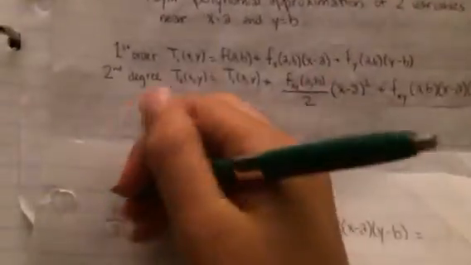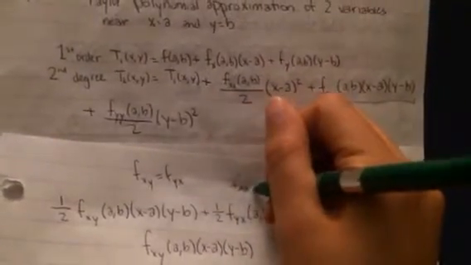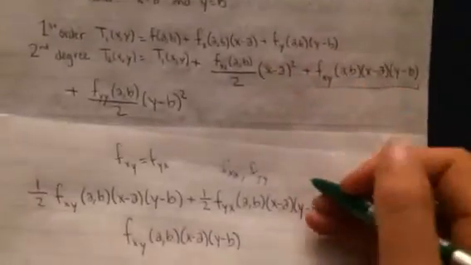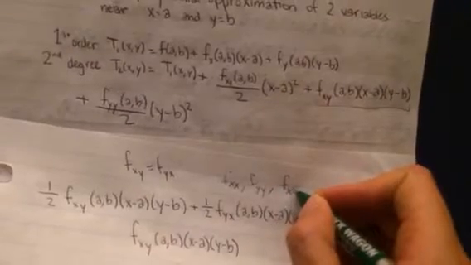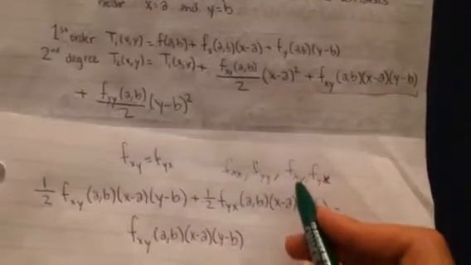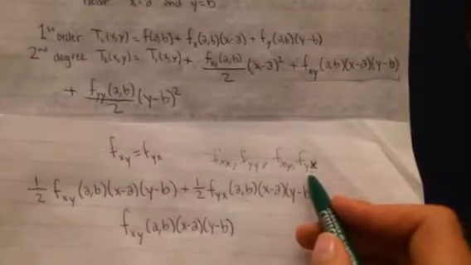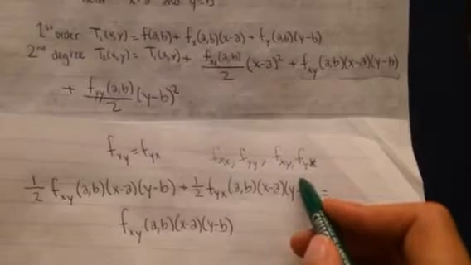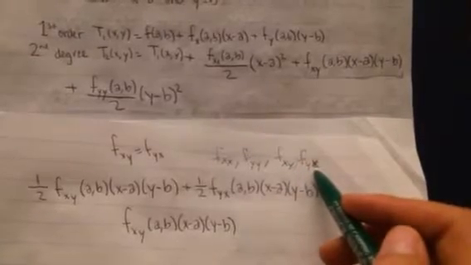And that is because you have to take into account that not only are f double prime of x and f double prime of y making the function change, but also the fact that f_xy and f_yx, if they are non-zero, are also contributing to the overall z value of the function changing. So you have to write them in the equation as well.